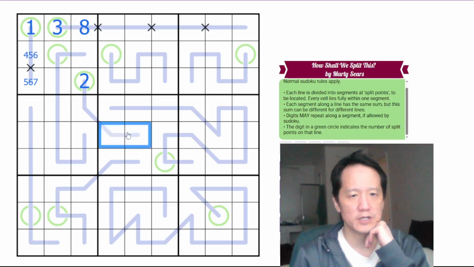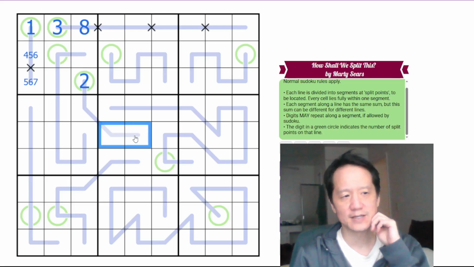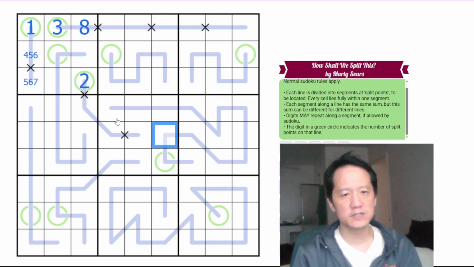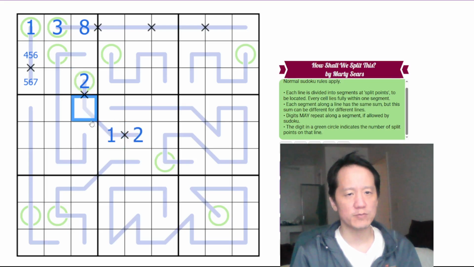If it's split here, here, and here, then the problem is these two digits would have to be the same, and that's not allowed in normal Sudoku. So it must be split here and here, which means this is the same sum as this, which is 2. So therefore this must be 1 and 1.